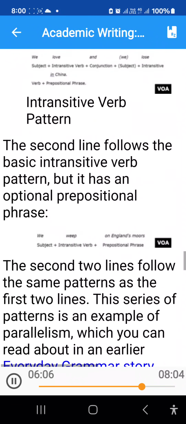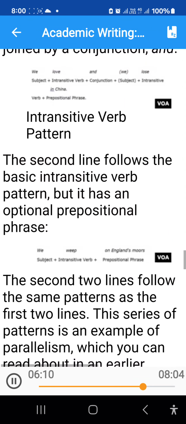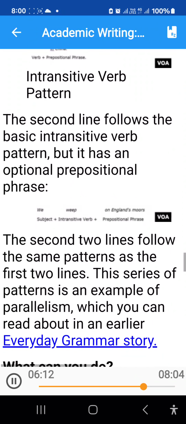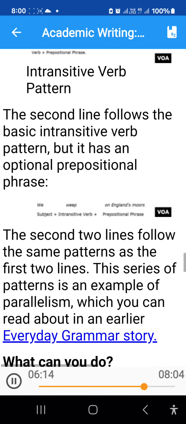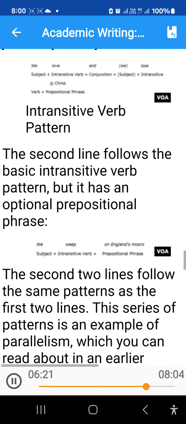We love and lose in China, or subject plus intransitive verb plus conjunction plus optional subject plus intransitive verb plus prepositional phrase. The second line follows the basic intransitive verb pattern, but it has an optional prepositional phrase.